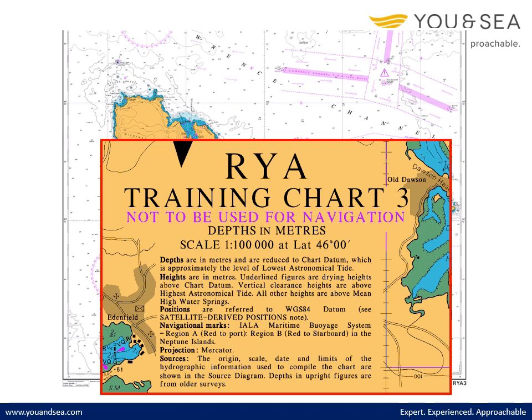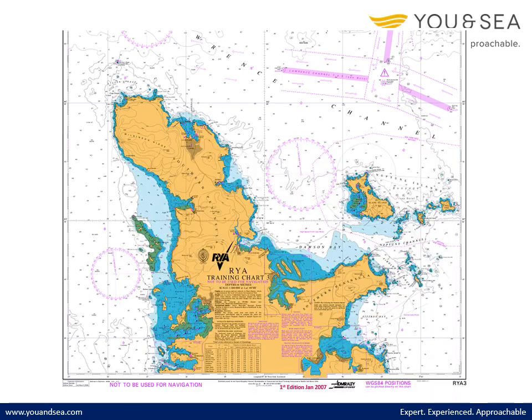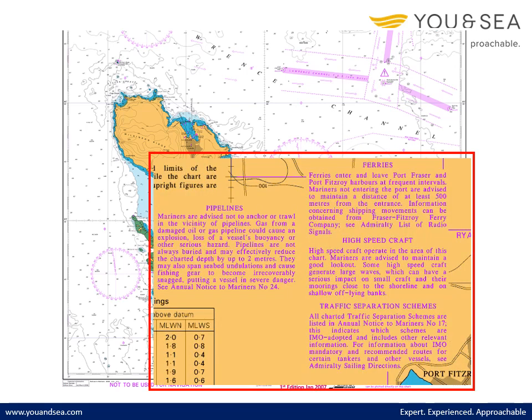It gives us heights and tells us where they're measured from. It gives us depths and tells us where they're also measured from. If it's applicable to the chart, we also get information areas, such as pipelines, ferries, and high-speed craft, and they're written on the chart in magenta.